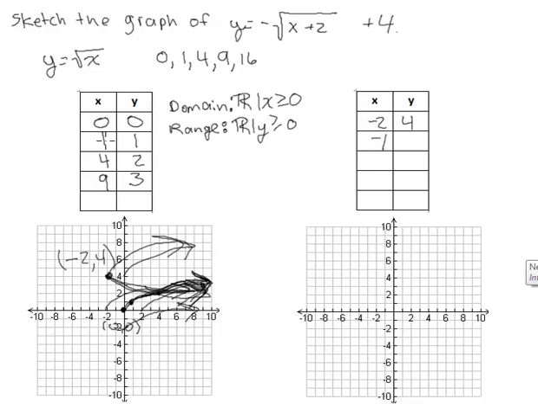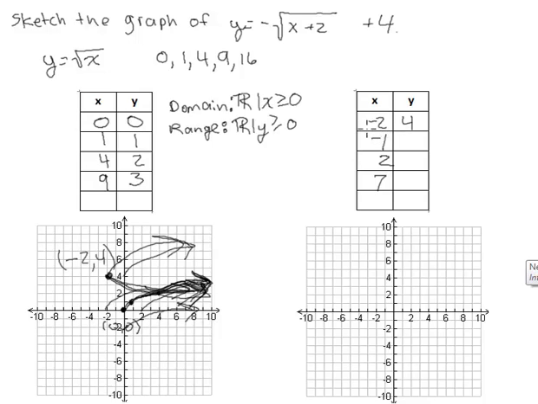So from 0 to 1, I went up 1. From -2 to -1, I go up 1. From 1 to 4, I go up 3. So now I'm going to go up 3 from here. Up 3 from -1: 0, 1, 2 gives me 2. From 4 to 9, I went up 5. So here I'm going to go up 5 to get that number.